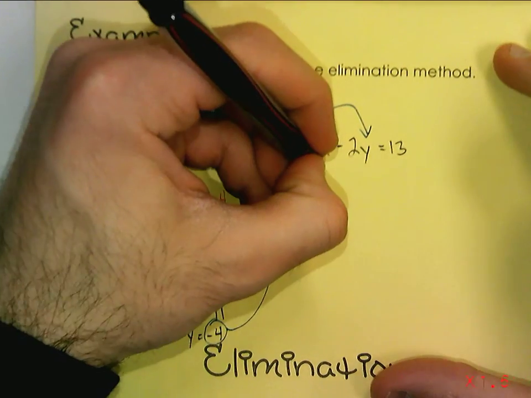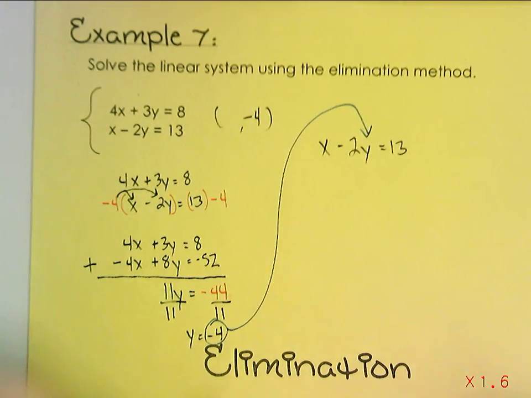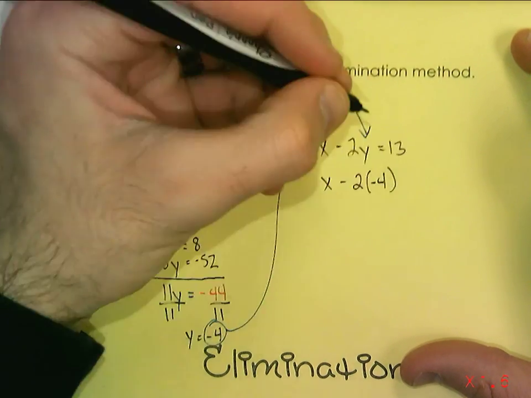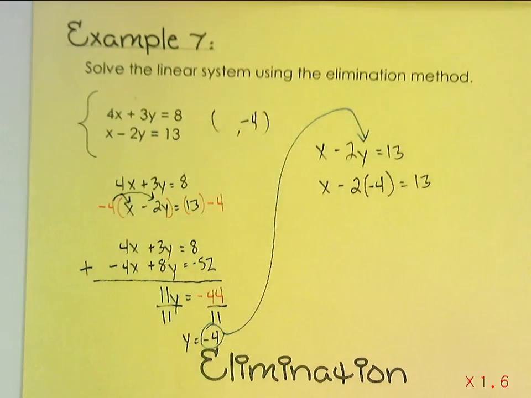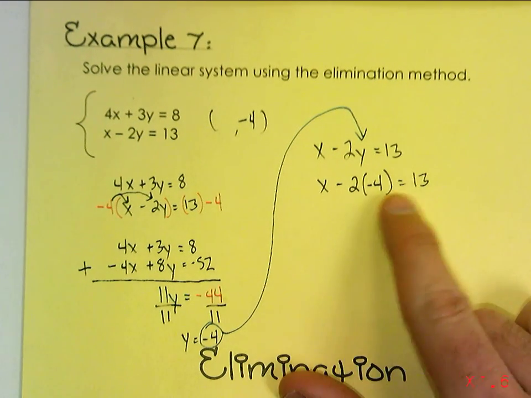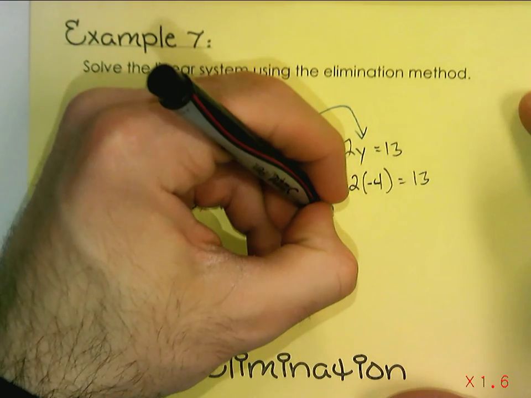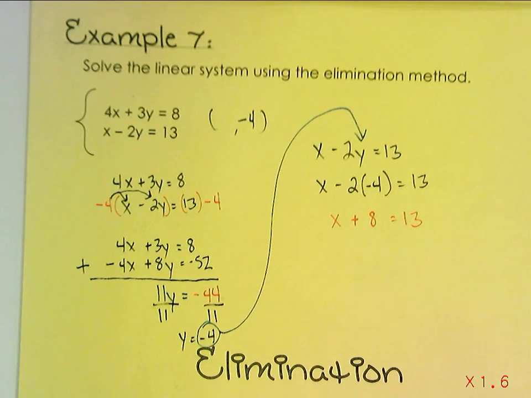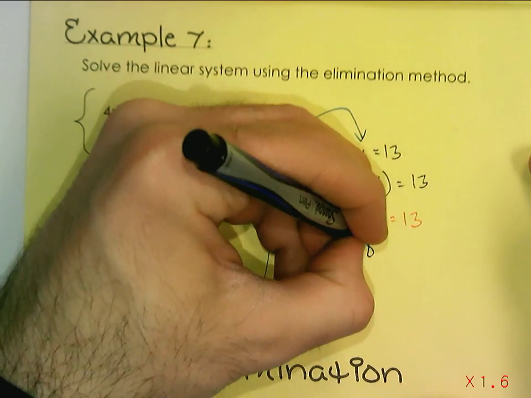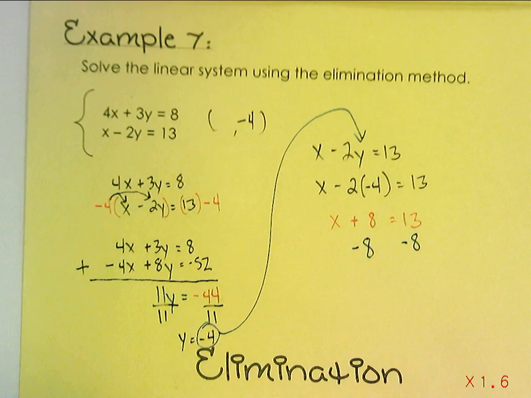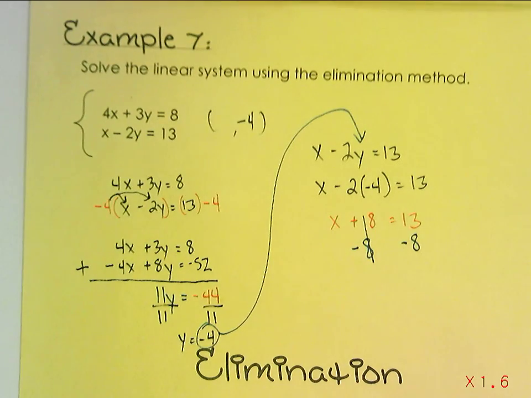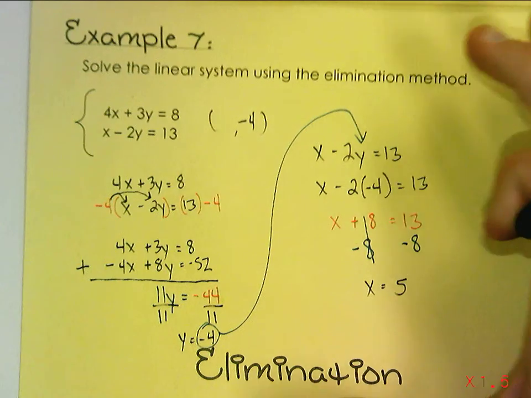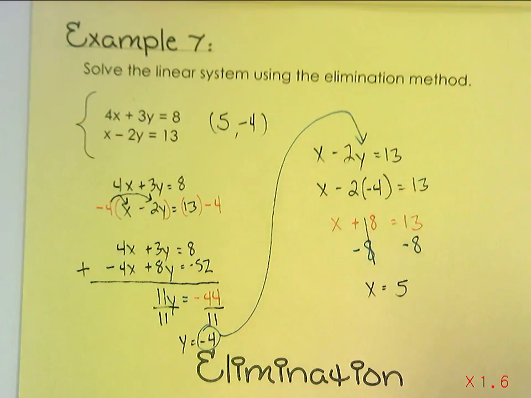So I will have x minus 2 times negative 4 equals 13. Negative 2 times negative 4 is a positive 8, so I'll have x plus 8 equals 13. If I subtract 8 from both sides, these cancel. X is going to be equal to 5. So our solution in this case is 5, negative 4.